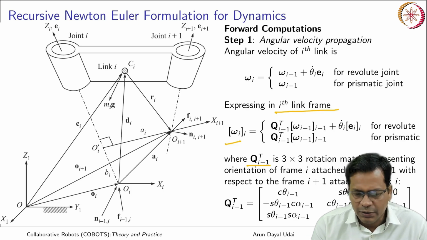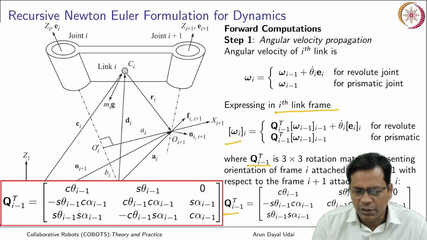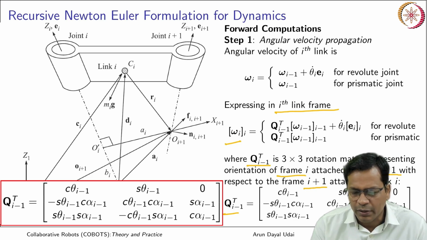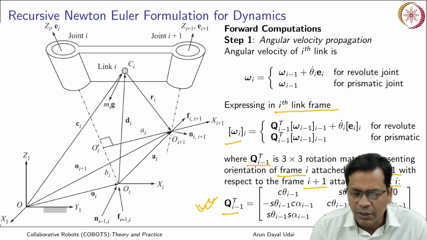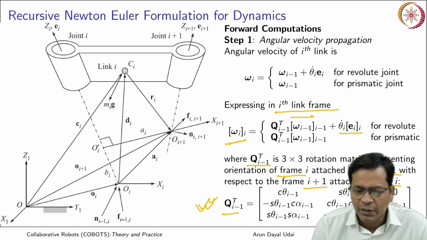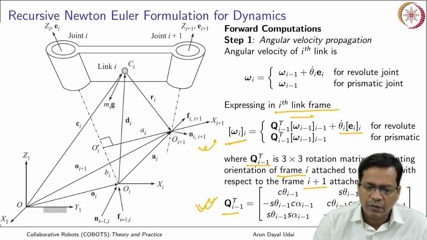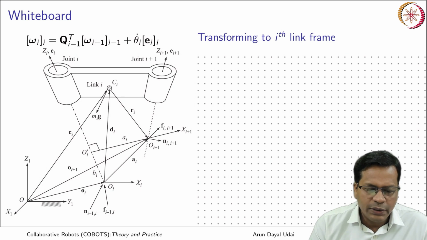That 3 cross 3 matrix represents the orientation of the frame i minus 1 with respect to the frame i attached to the link i. This transforms omega i minus 1 to the ith frame. So how is it happening basically?